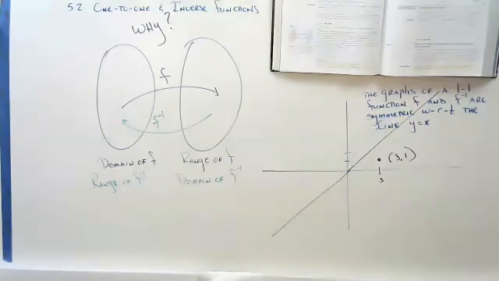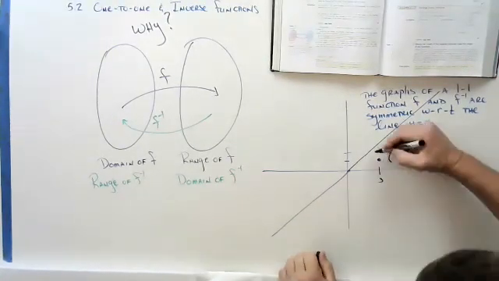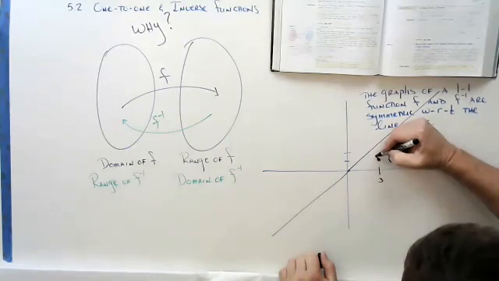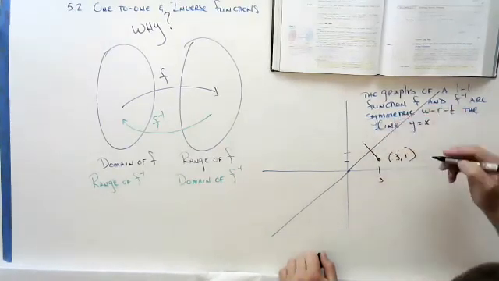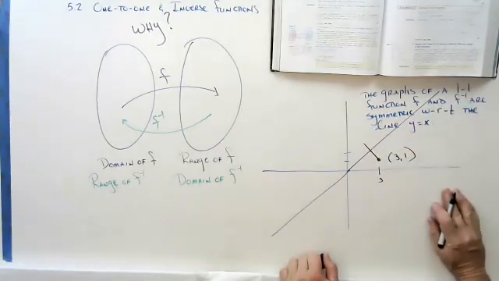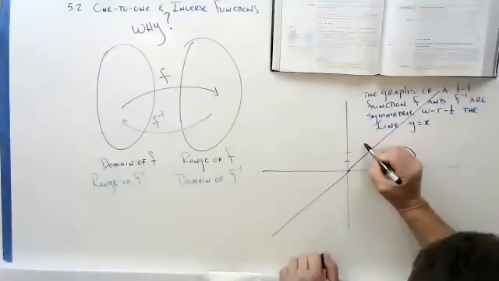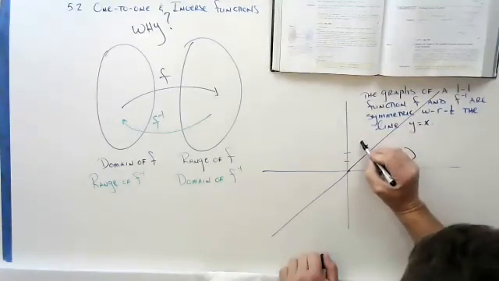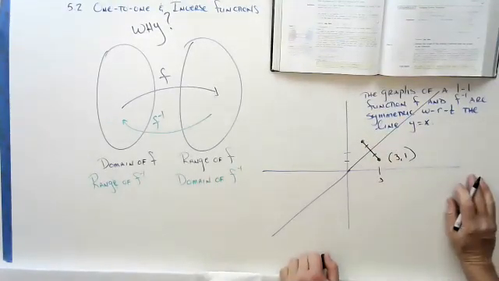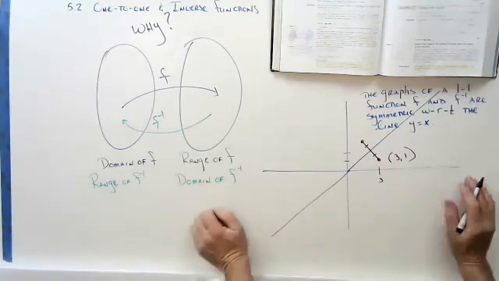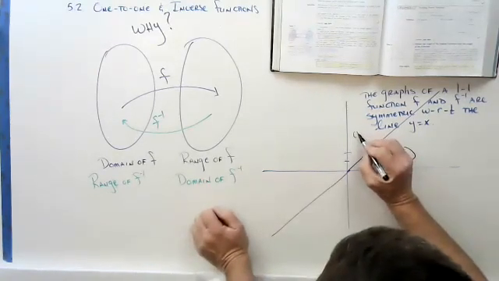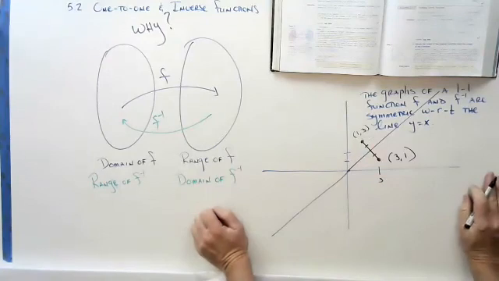In geometry, they said, draw a perpendicular from your point through the line. And we all know how to do that. Then make sure this segment and this segment are congruent. And we all know how to do that. And then the coordinates of this point is going to be 1, 3. That's what they told us in geometry, right?